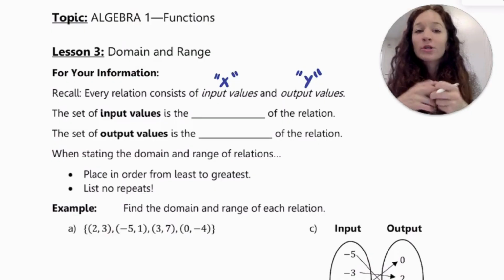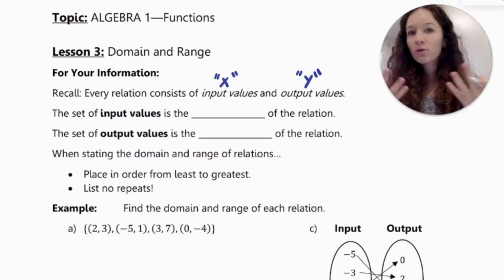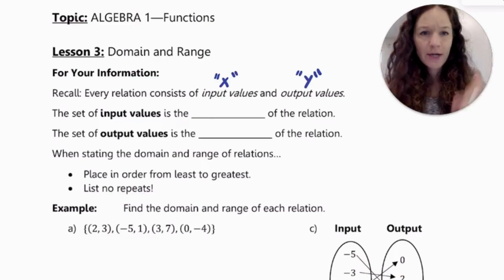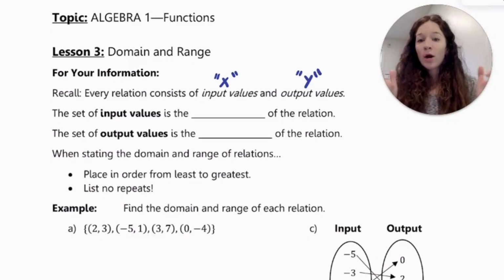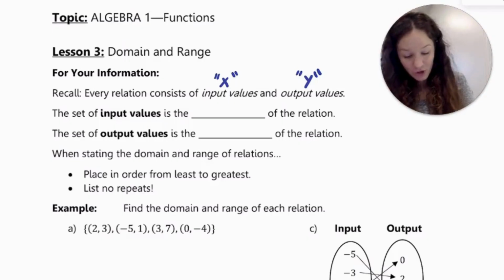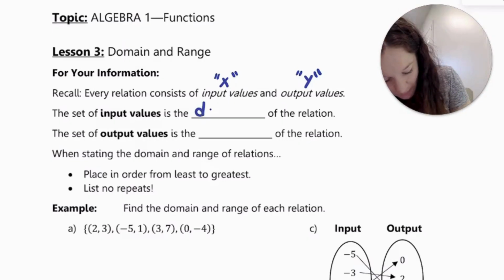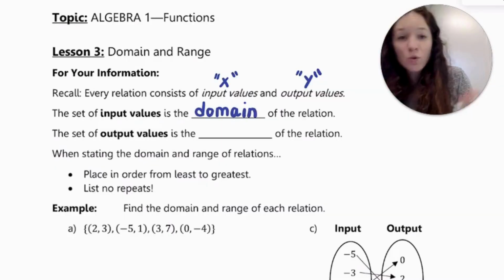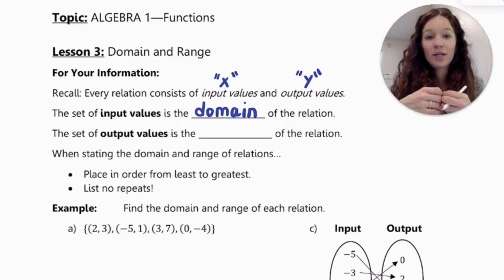So now we're just going to give a mathematical term to our input, and we're going to call it the domain of the relation. So whenever you hear the domain, it is the input, right? It's what you're putting into the machine.